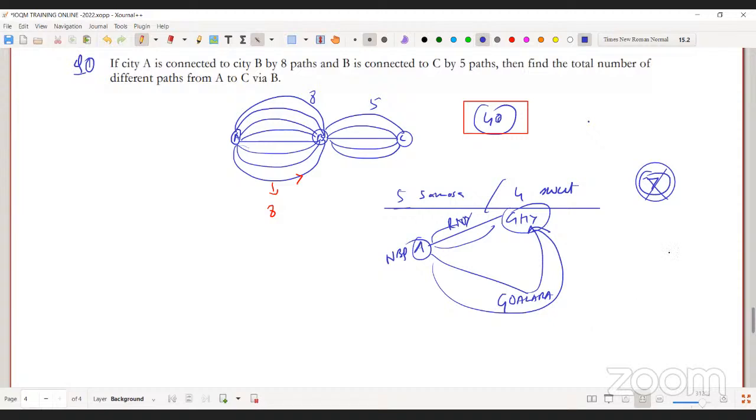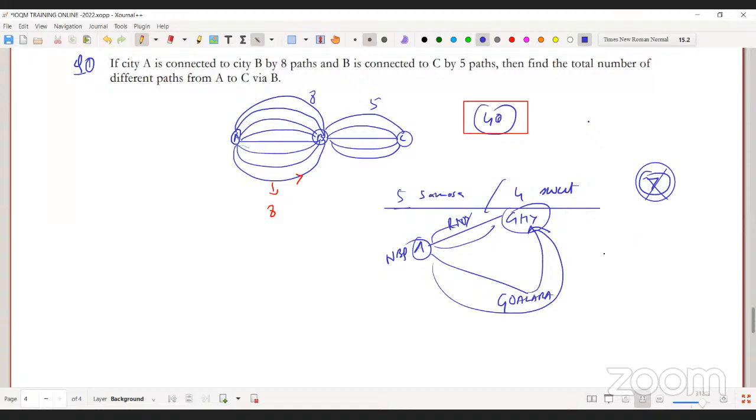Let R be the set of trains via Rangia, R1, R2, R3, and G the set of trains via Gwalpara, G1, G2. These 2 are totally disjoint sets. So what will be the order of R union G? It is the order of R plus the order of G.